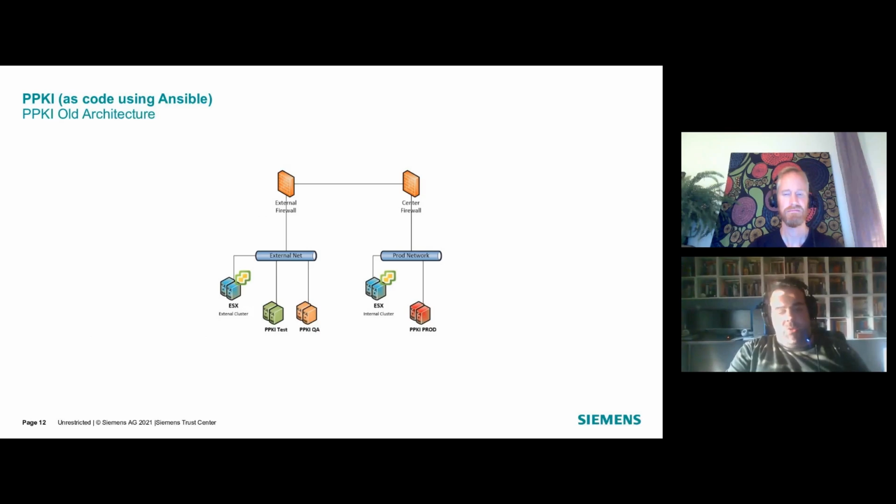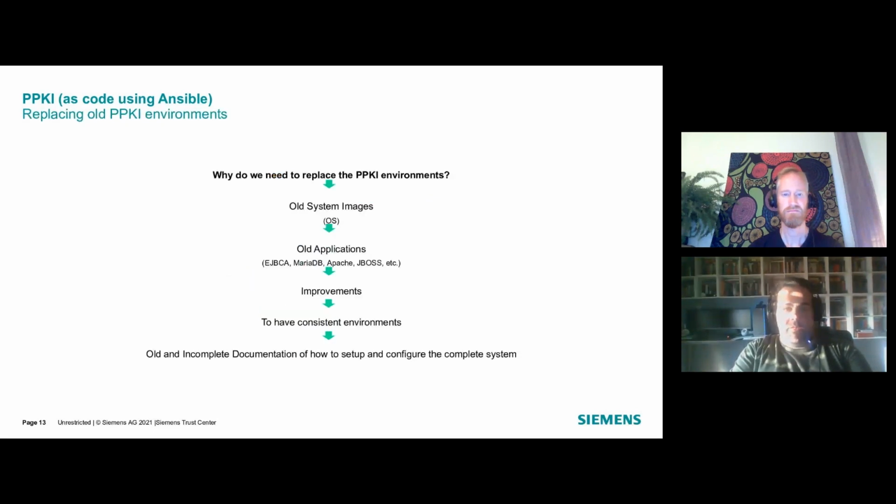Here we can see what we had in the past, our old architecture. Just trying to explain what we got here. We had a PPKI test or dev environment, a QA, and a prod line. We wanted to update this old infrastructure.